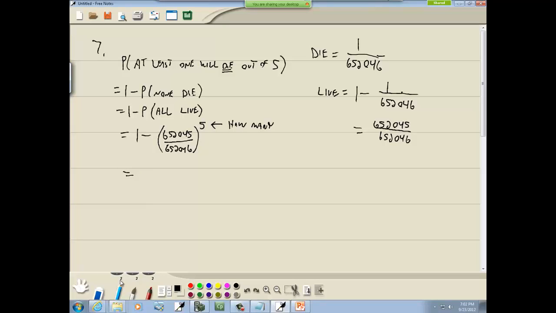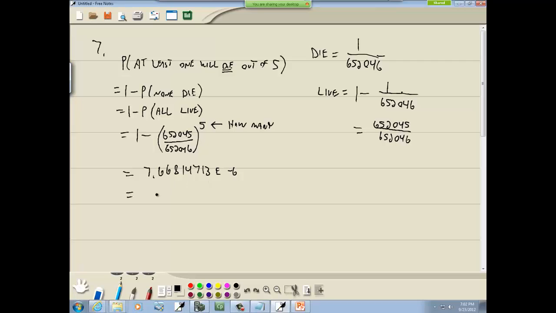So 1 minus 652,045 divided by 652,046 caret 5. And we get 7.66814713 e to the negative 6.